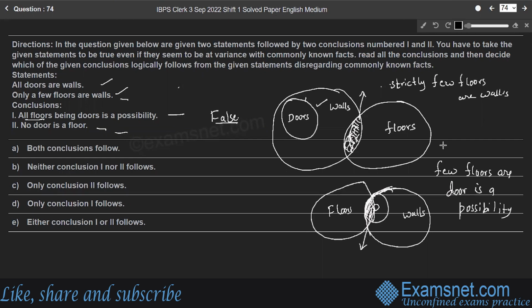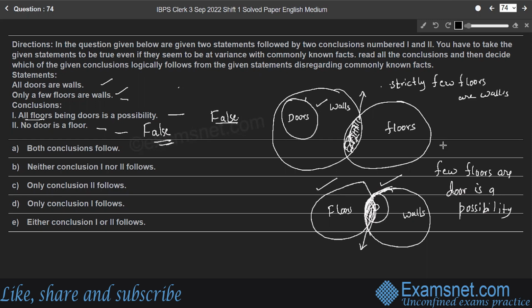And the second conclusion, no door is a floor. So in the second case, some doors are floor, right? Therefore, no door is a floor is also a false conclusion.